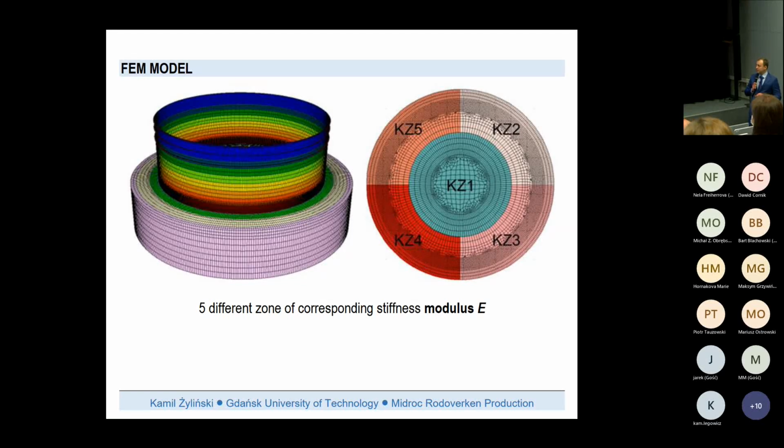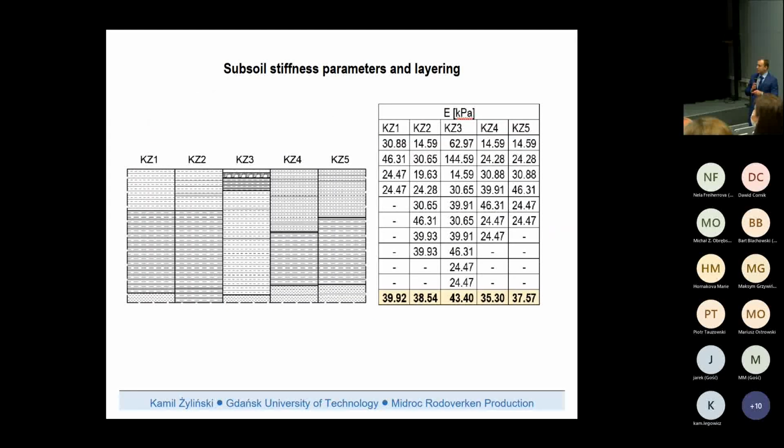Also, together with this Z-Soil model, Python was used to perform many iterations, but it will be described later on. Here we can see the real borehole scheme of these 5 different areas, and we can see that the variation of the stiffness moduli is quite big actually. In the lower part of the table, we can see that these values were summarized and then used in the sensitivity analysis as basic input data.